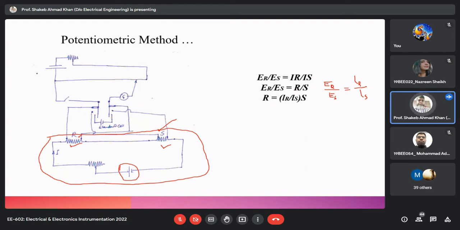So there will be no drop across the lead and contact resistance, and this will not come into the picture, and you can measure this very accurately.